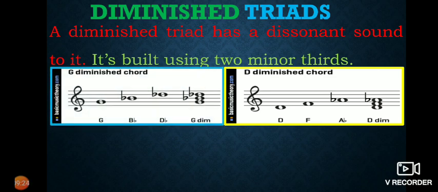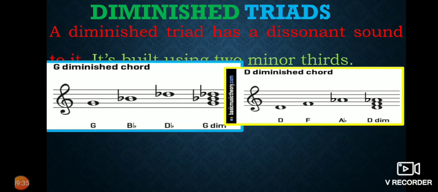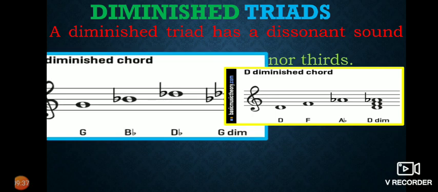For the G diminished triad, you can see the letter G is open, no sharp, no flat. The B flat that is there is already flattened, and D is already flattened by a flat.